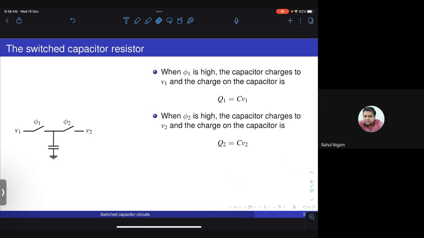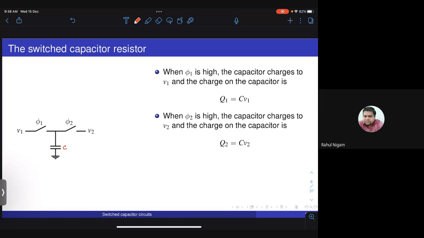So how does this essentially work? When phi 1 is high, the capacitor C charges to voltage V1, and the charge across the capacitor can be written as Q1 = C × V1. Next, since phi 1 and phi 2 are non-overlapping, phi 1 turns off first, and then after a small period of time, phi 2 turns on. The moment phi 2 turns on, the charge across the capacitor changes, because the capacitor is now charged to V2.